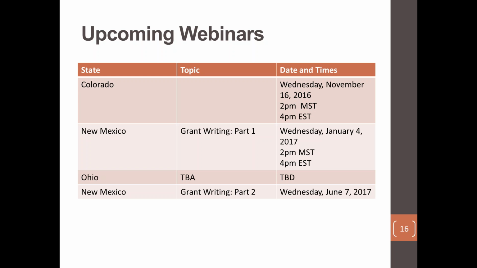And then at the beginning of next year, New Mexico will be doing grant writing information, and they will be splitting it, doing part 1 on January 4th, and then part 2 will be on June 7th. And then our new friends from Ohio will be choosing a topic that they'll be doing.